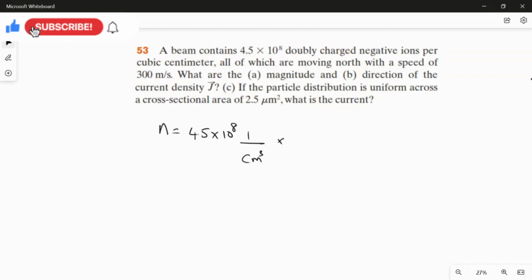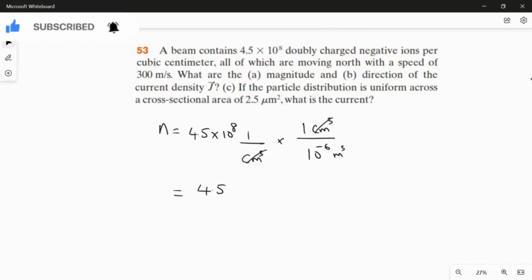As we already know, 1 cubic centimeter is equal to 10^-6 cubic meter. By that we will cancel the cubic centimeter, and finally we get the answer per cubic meter: 4.5 × 10^14 per cubic meter.